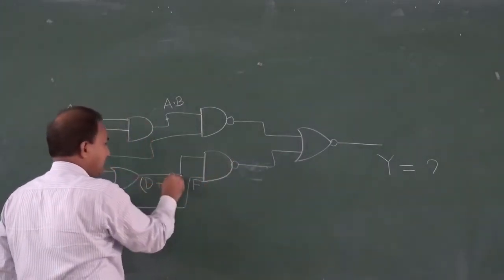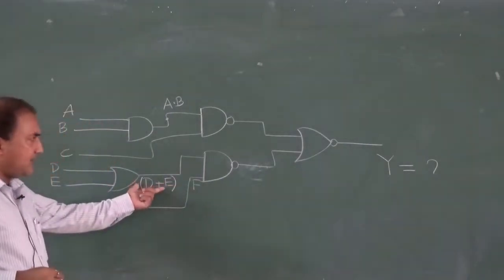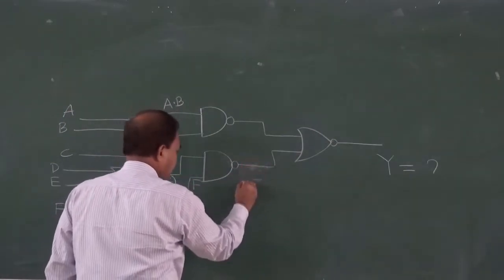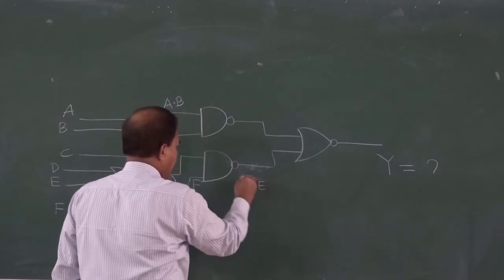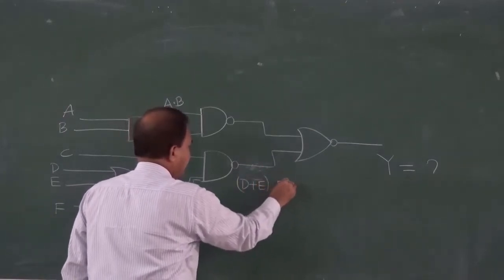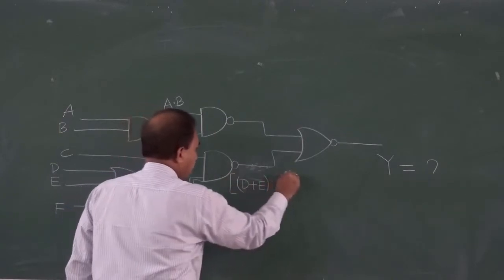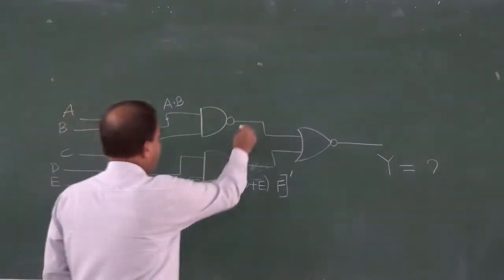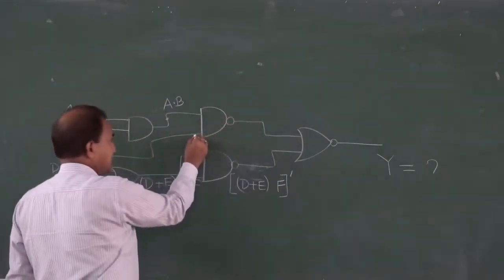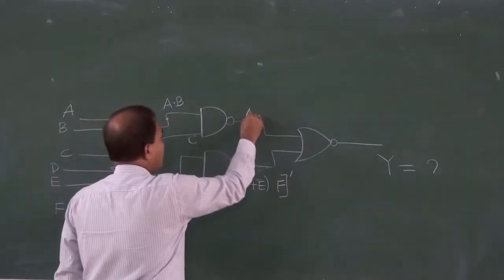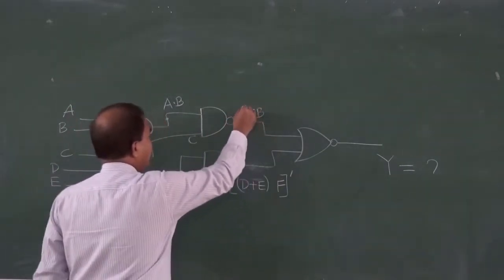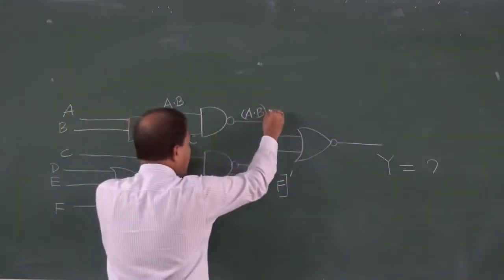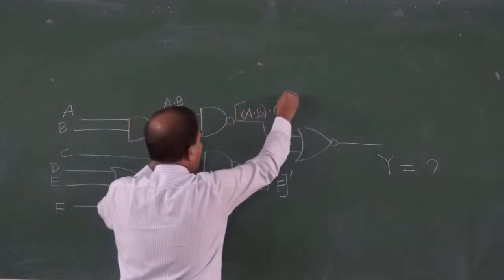This is D plus E, and this is F. So the output at this point will be D plus E dot F, whole complement. Similarly, the output at this point is A dot B, this is one input, the other input is C dot C whole complement.